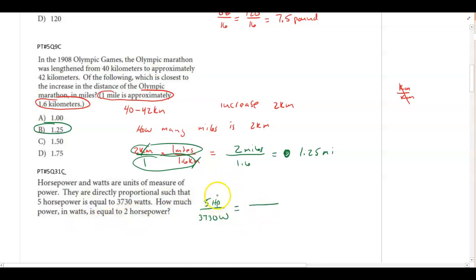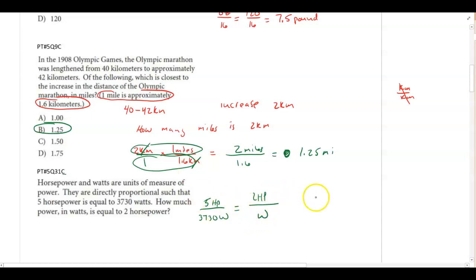Well, here's the thing. When you set this proportion up, keep the order the same. You know you have 2 horsepower, so that goes in the numerator to match up here, is equal to how many watts? Okay, and I'll use W for watts.